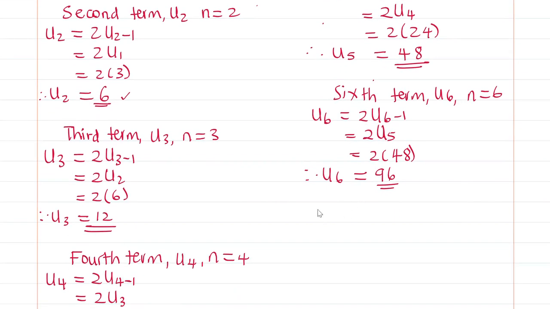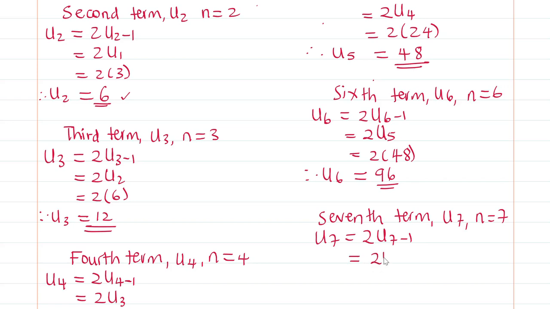Yes. Then we go to the seventh term. We are almost there. That is u7, where n is 7, right? So our u7 equals 2 u7 minus 1. Following that same formula above, this gives us 2 of u6. And then you press the calculator. Our u6 is 96.